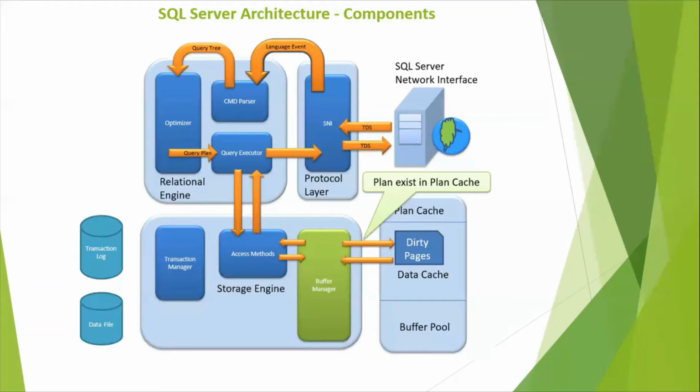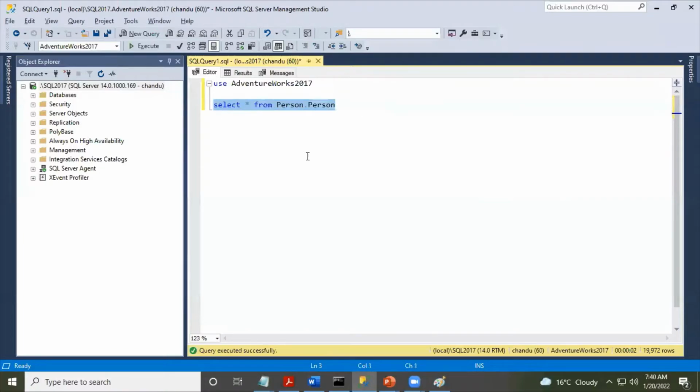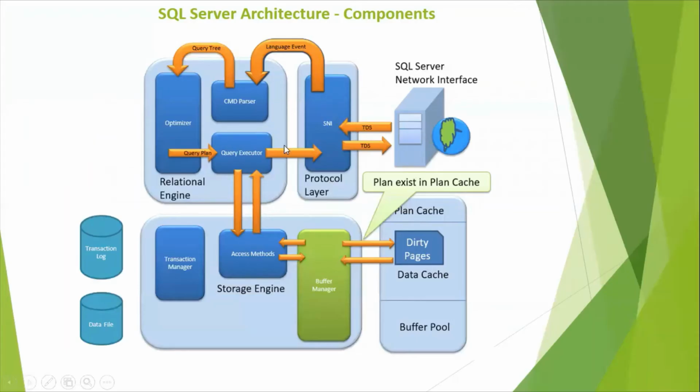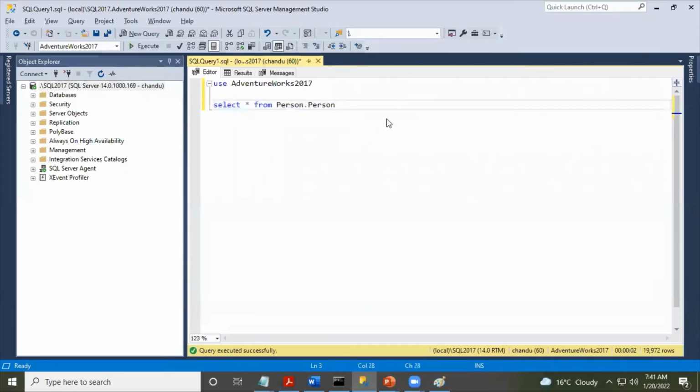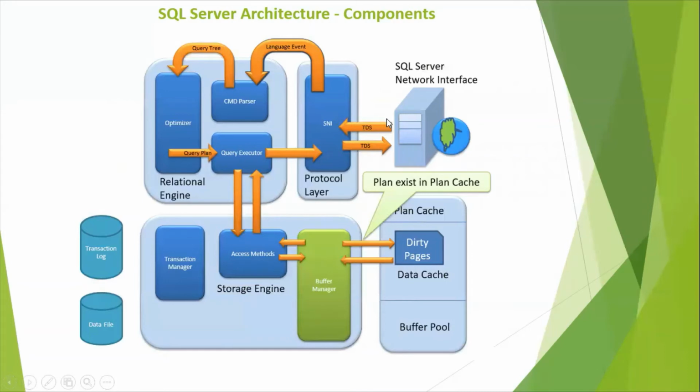And the SQL language event: a language event is nothing but you executing a query. This query will be sent to the command parser, which is where we call it the relational engine. The protocol layer sends a language event to the command parser. What exactly does the command parser do?